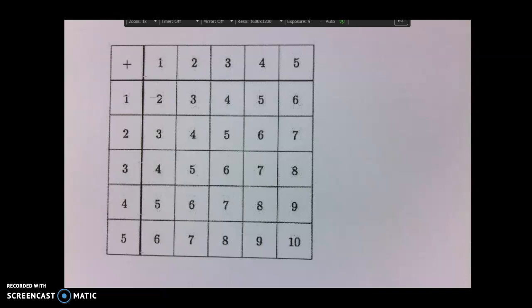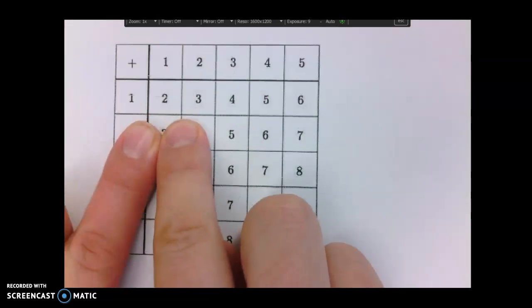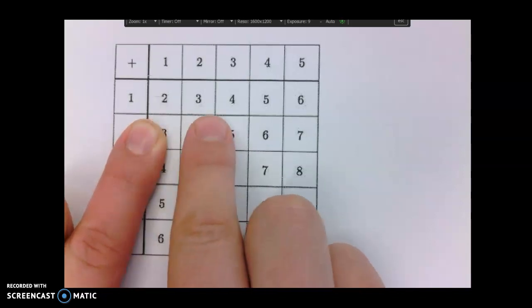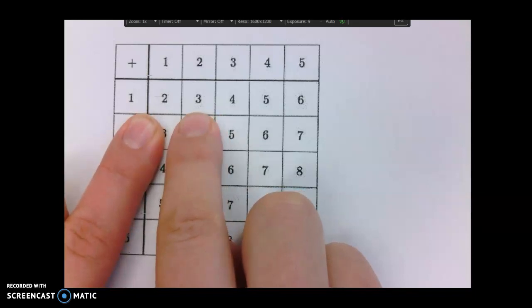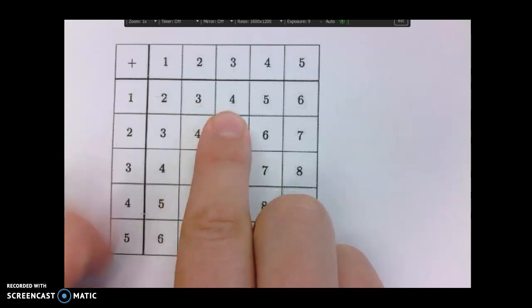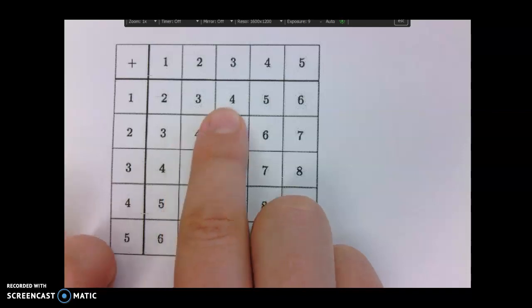This one's kind of hard. You may have kind of gotten stumped on this one. That's okay. But when I look here, when I go from 2 to 3, I am always adding one more. When I go from 3 to 4, I'm adding one more. So here I have an odd number 3, an odd number 1, and odd plus odd gives me an even number.